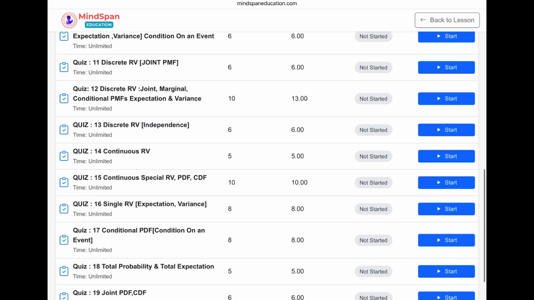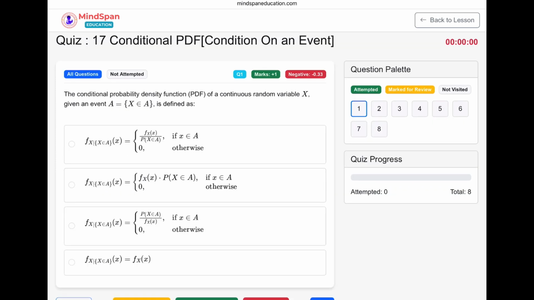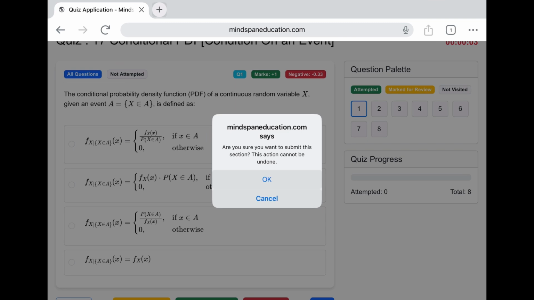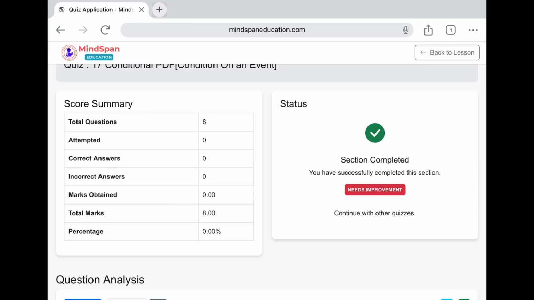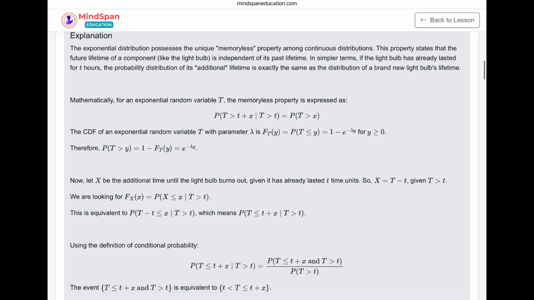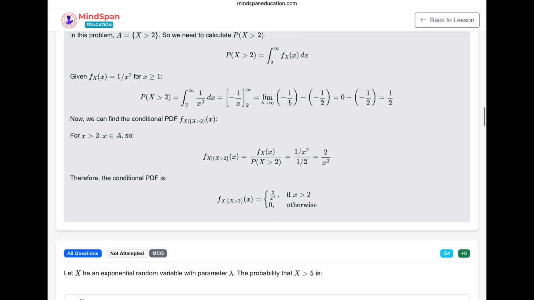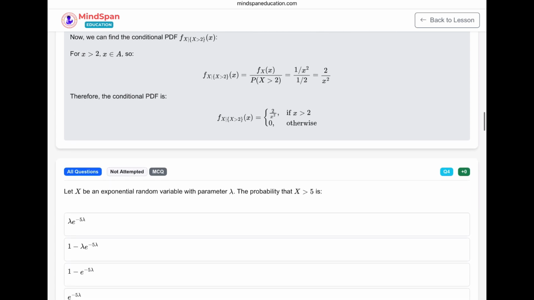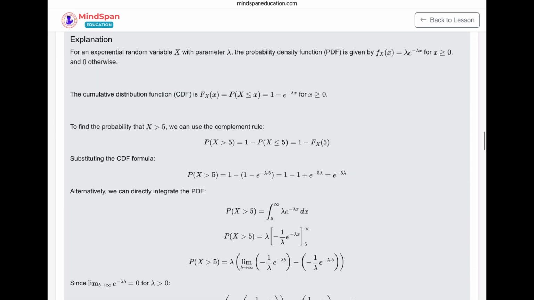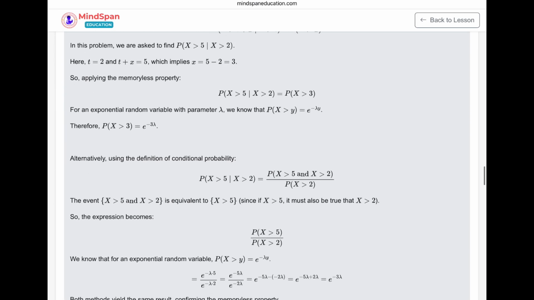We are also putting the solution of each and every question. Let me show you one of the quizzes. If you submit the quiz, you can see the solution of each and every question. Hardly any question will be without a solution, but I think for each and every question you will find the solution.